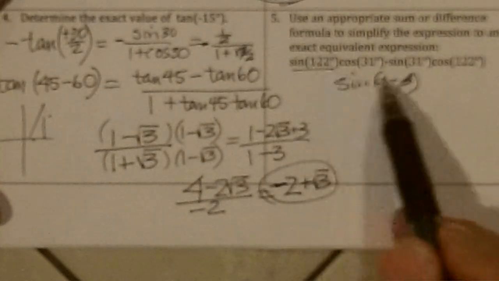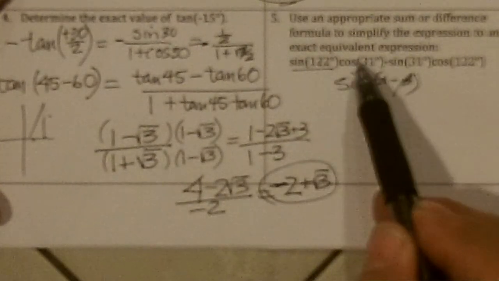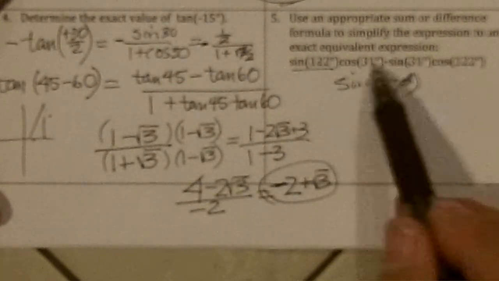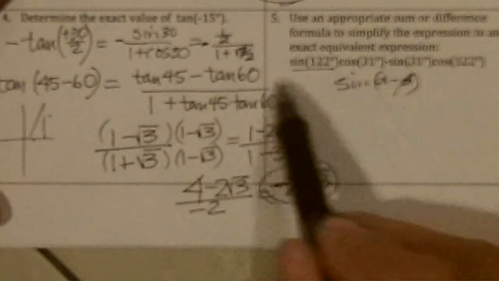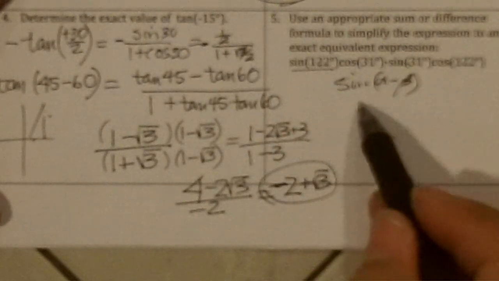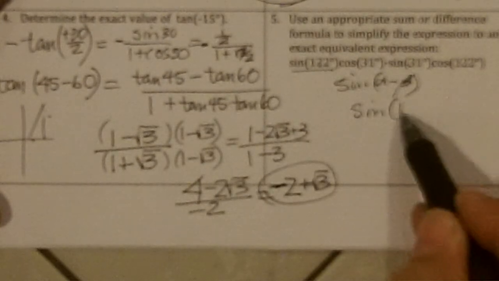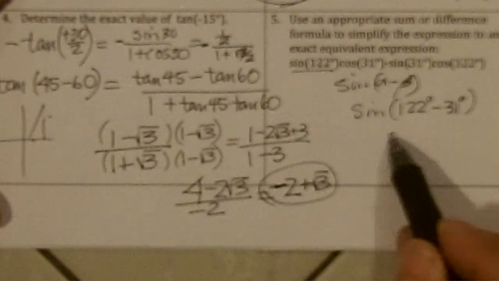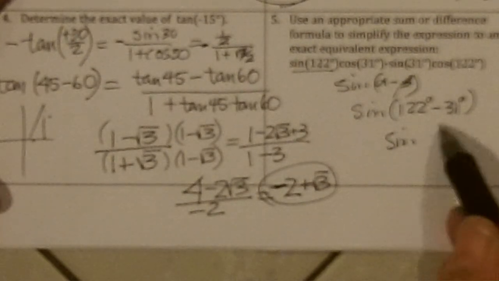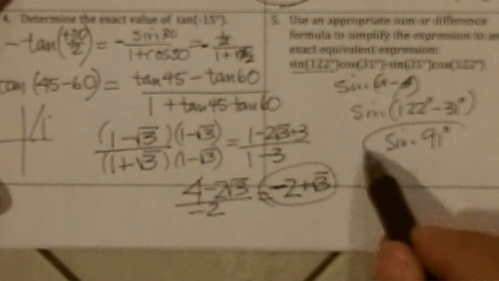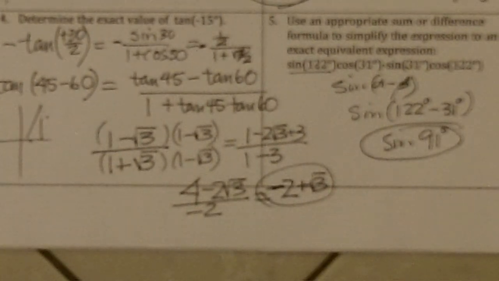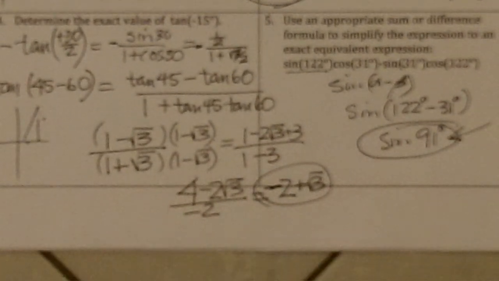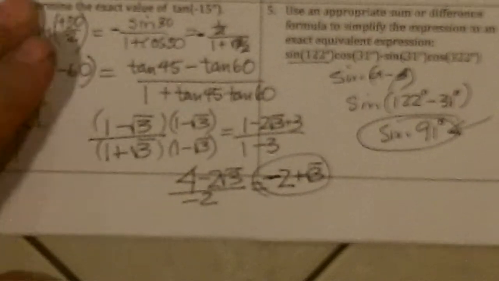So it becomes sine of the first, cosine of the second, then cosine of the first, sine of the second, and so I had those switched, but it's still those first angle 122. So it's going to be the sine of 122 degrees minus 31 degrees, which is the sine of 91 degrees. Okay, and that would have been exact. Now I can't figure out the sine of 91 exactly, so that's where I would want you to leave that one.